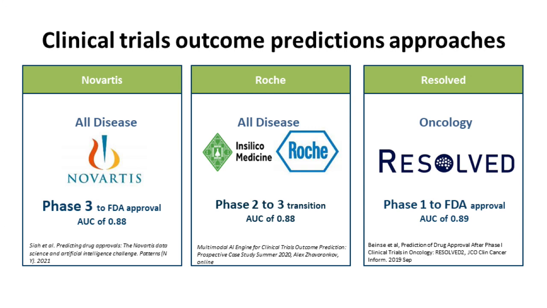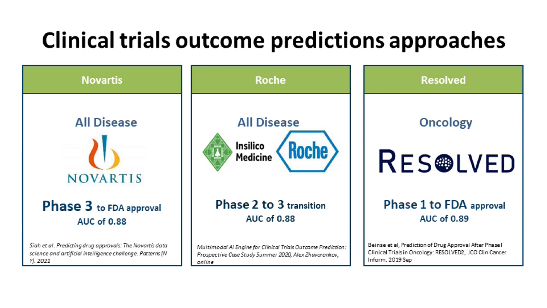They were provided with a huge database of phase 3 clinical trials and descriptions, and the approval or not of the compounds. The performance of the model in terms of area under the ROC curve, which ranges between 0.5 and 1, was an AUC of 0.88, which is a very good result with only machine learning models.